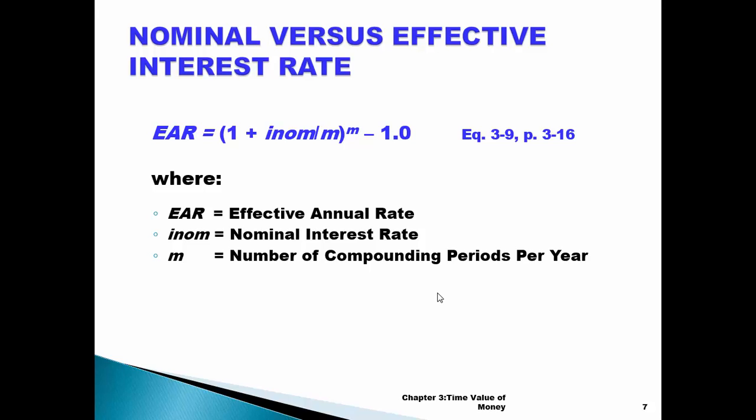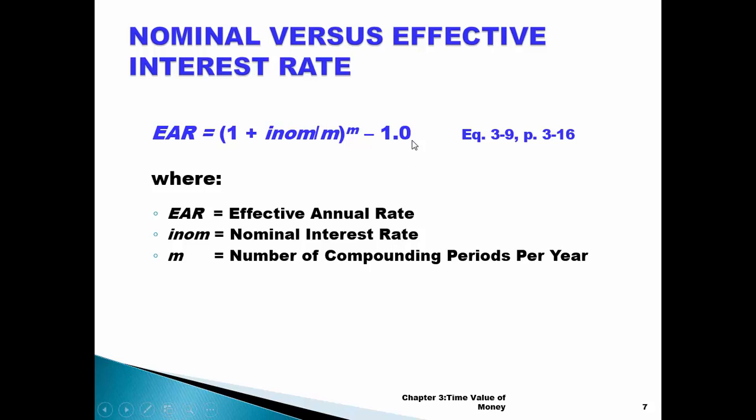What that kind of brings to light is the differences in interest rates. When you talk to somebody about interest rates, they typically give you the nominal interest rate, this INOM, nominal. The nominal interest rate is the annual interest rate that you're told.